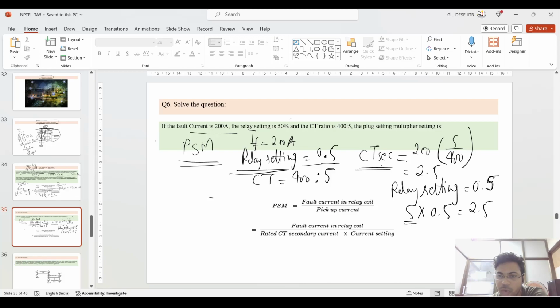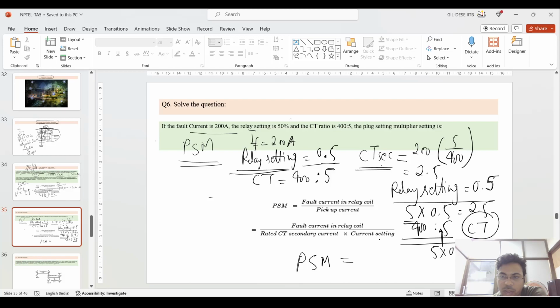So 5, which is the CT secondary, multiplied by 0.5 comes out to be 2.5, because 400 is to 5 is the CT ratio, so 5 is the nominal current in the secondary. So 5 multiplied by 0.5 is equal to 2.5. So 2.5 is the current above which it should operate in terms of the secondary.